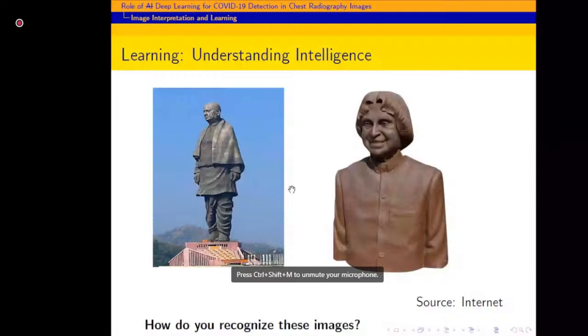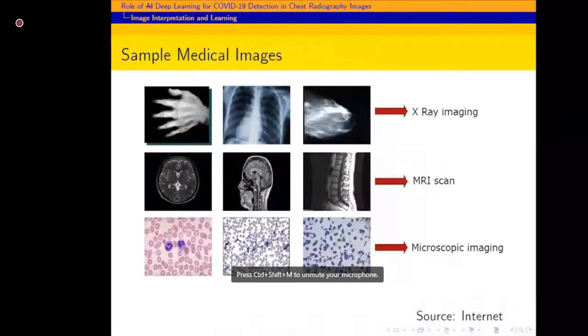So here are some examples of medical images, which do not look like natural images like these, right? So we are not well acquainted with the contents of these images. Here are some examples you can see of X-ray imaging, MRI imaging, and microscopic imaging, basically used for identifying blood cancer and so on.